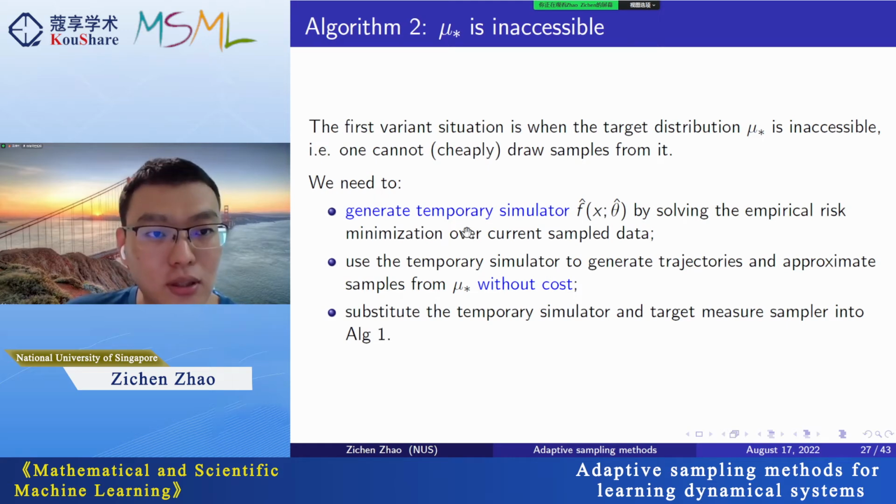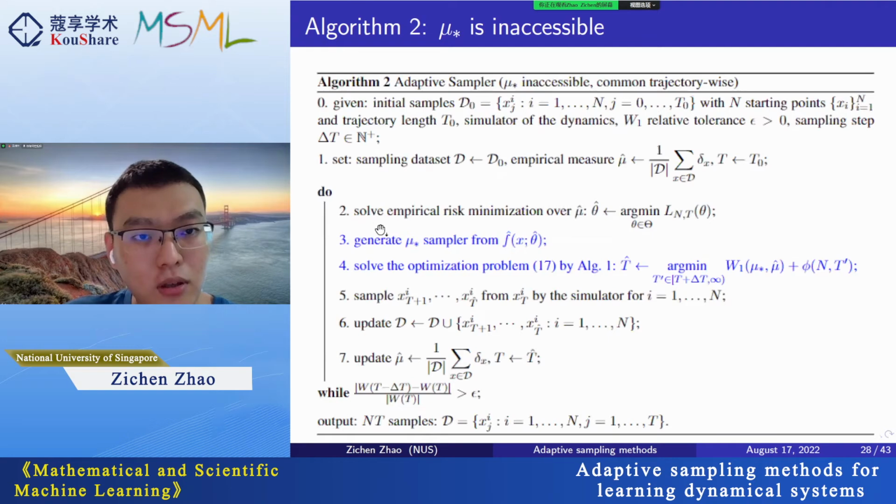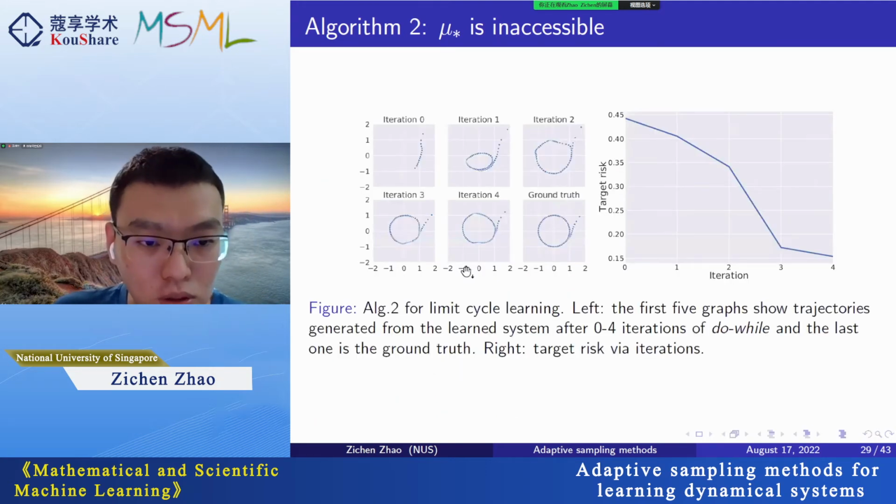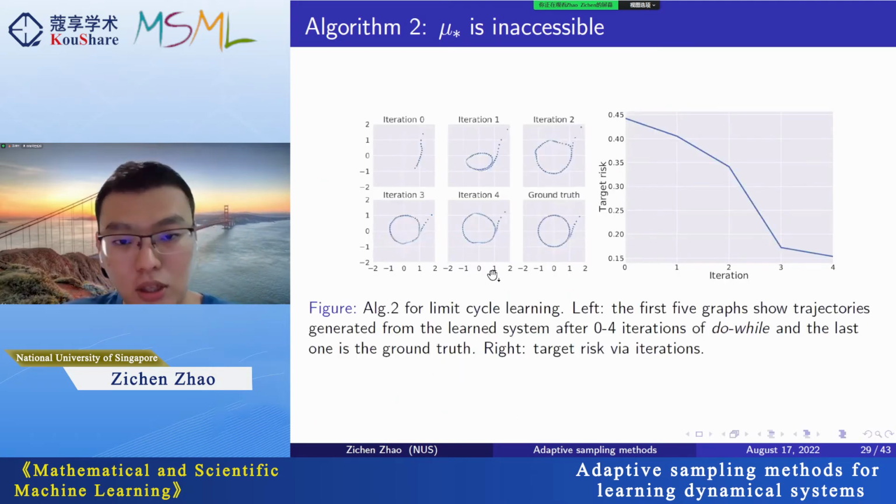So here is algorithm 2. The only difference is highlighted in blue. And here we also take limit cycle learning as an example.